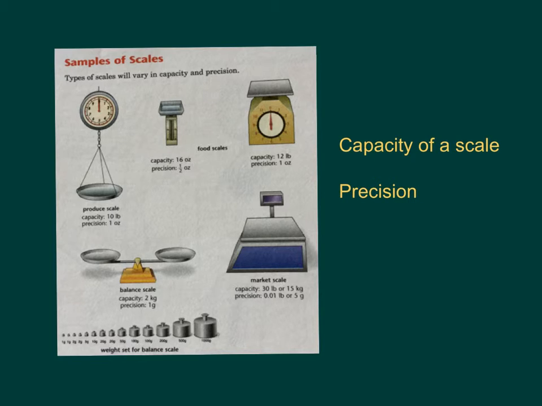Now that's pretty precise, but let's say I was measuring a powder or something like that. This market scale down here is going to have a much higher level of precision. It's not only going to measure every 1 ounce, it's going to get even smaller to every 0.1 of a pound or every 5 grams. That's much more precise.